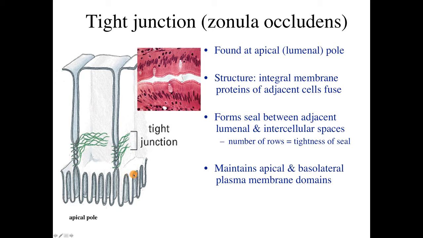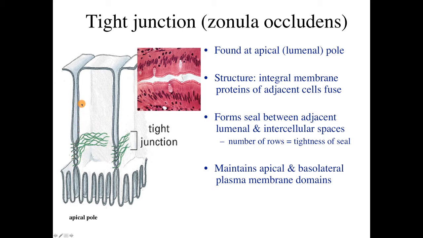Remember that proteins can move freely in this lipid bilayer because this is essentially a two-dimensional fluid, and the proteins can float freely in this two-dimensional fluid, except that proteins in this apical domain cannot float past the tight junctions.